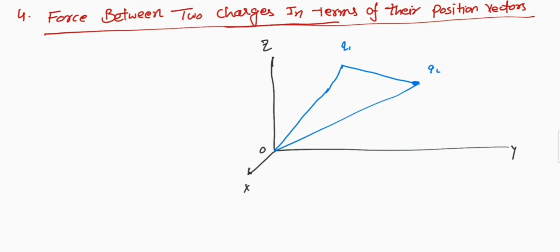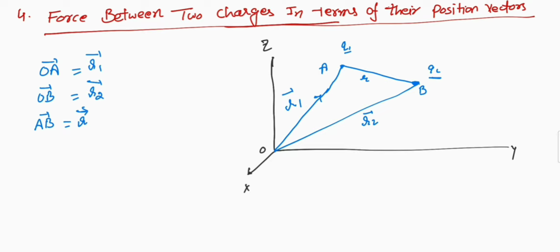Let me take this as point A. At A we have placed charge Q1 and at point B we have placed charge Q2, and the position vector of this is R1 vector and this is R2 vector. So OA vector is equal to R1 vector and OB vector we have taken as the R2 vector, and the distance between these two charges similarly we have taken as R. So AB is equal to R vector.